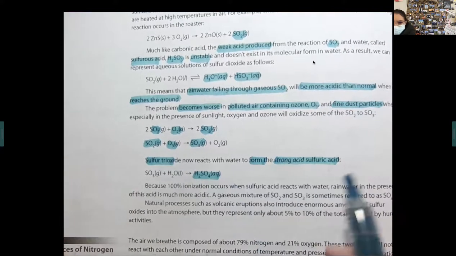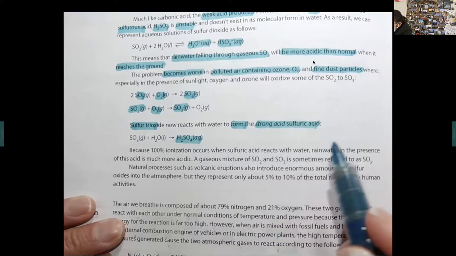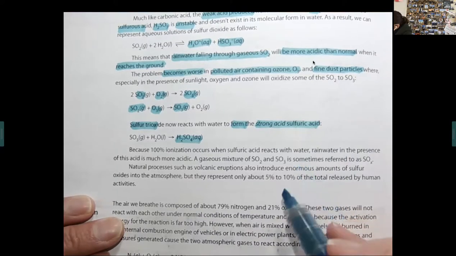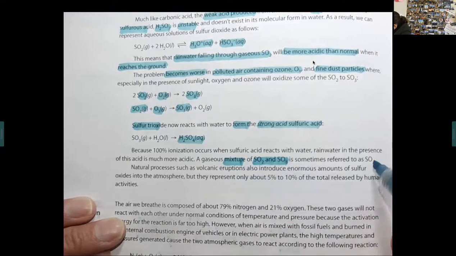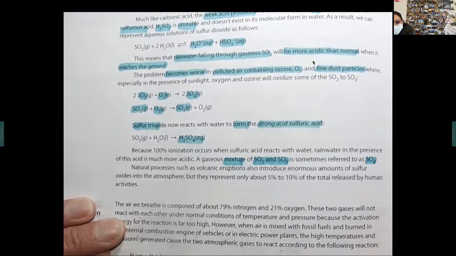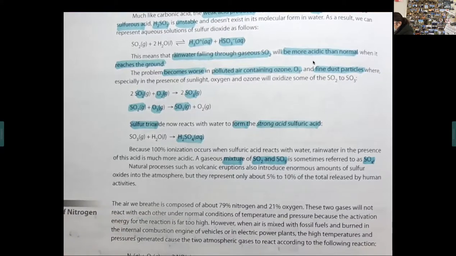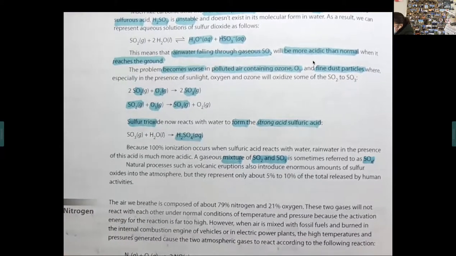Then you have 100% ionization of that, which means your rainwater is going to be a lot more acidic than it should be. So when we're referring to SO2 and SO3 in a mixture of gases, they call it SOx, okay? Just like nitrogen monoxide, nitrogen dioxide, nitrogen trioxide is referred to as NOx.